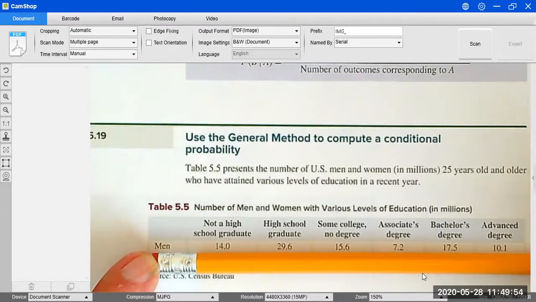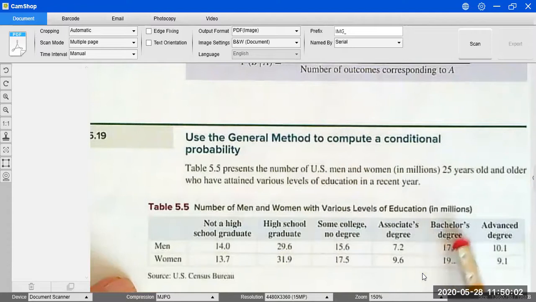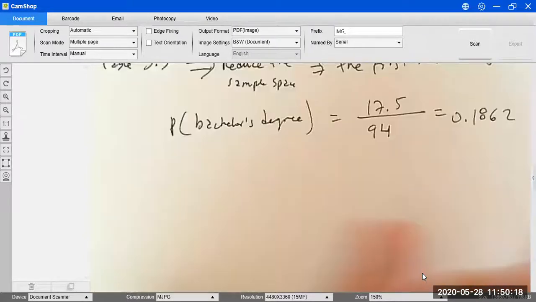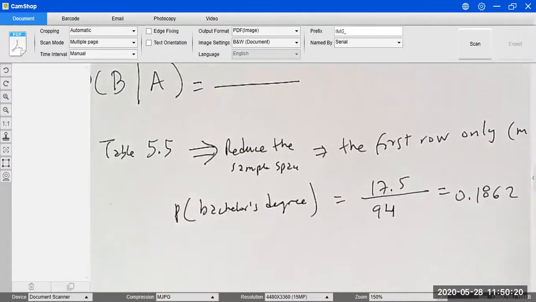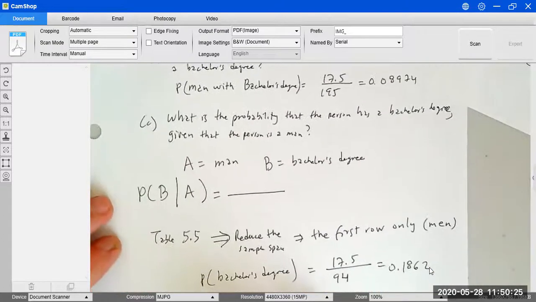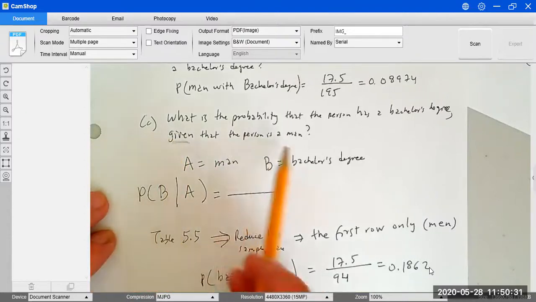Out of that, you want a person that has a bachelor degree. So you divide this value by the sum of the frequencies corresponding only to the first row, because you know the person selected is a man. You write the probability that the person has a bachelor degree given, and this word given is important, that the person is a man.